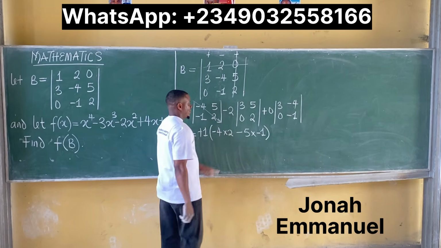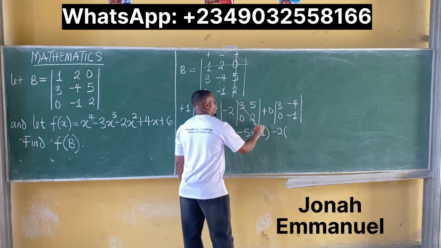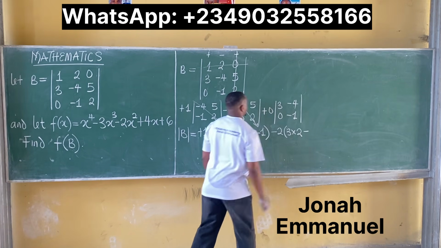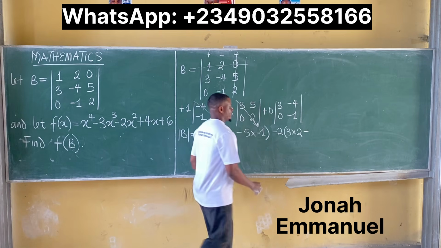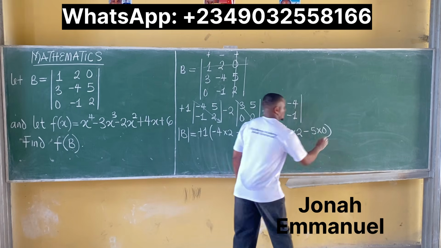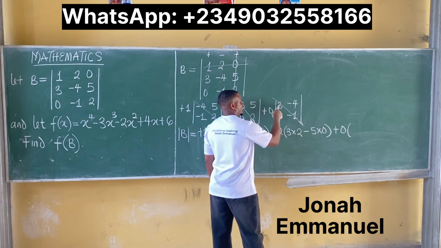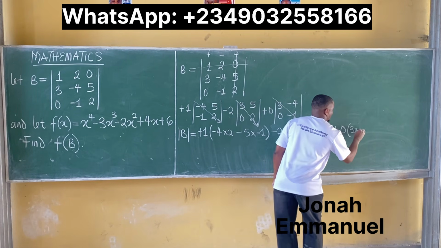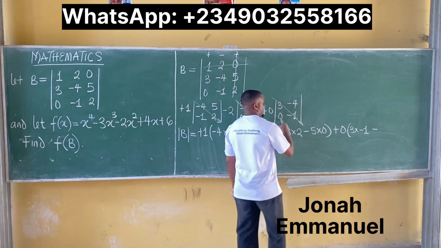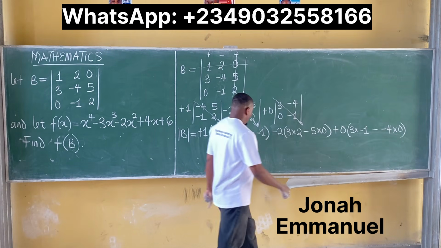Next, minus 2 into, multiply the terms of your principal diagonal, 3 times 2, minus the other diagonal, 5 times 0. Finally, plus 0 into, 3 times minus 1, minus minus 4 times 0.